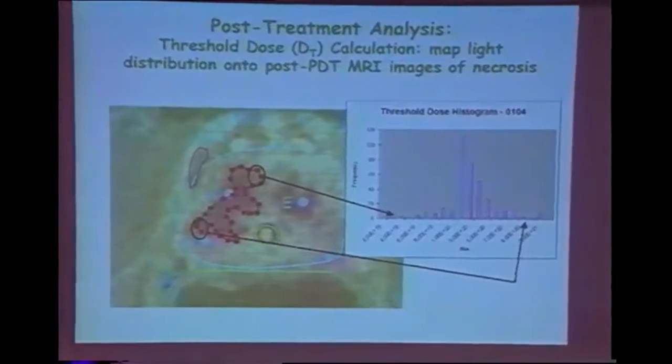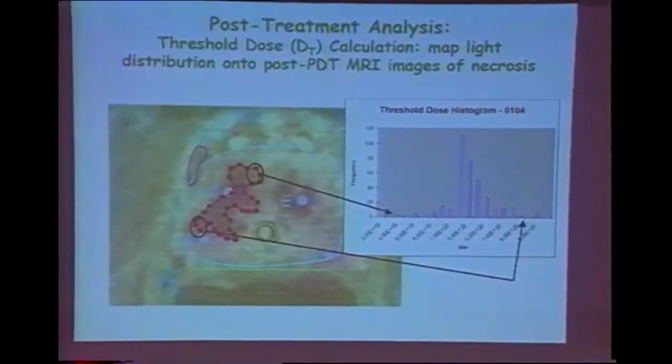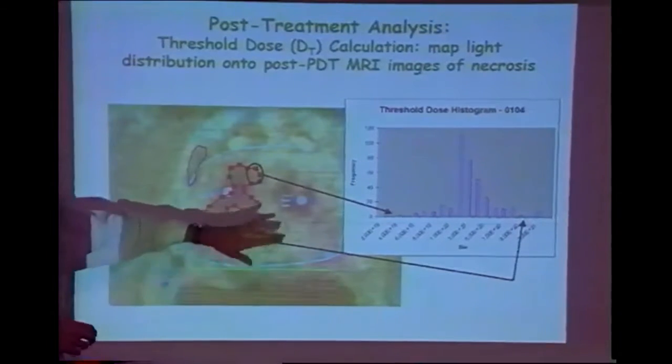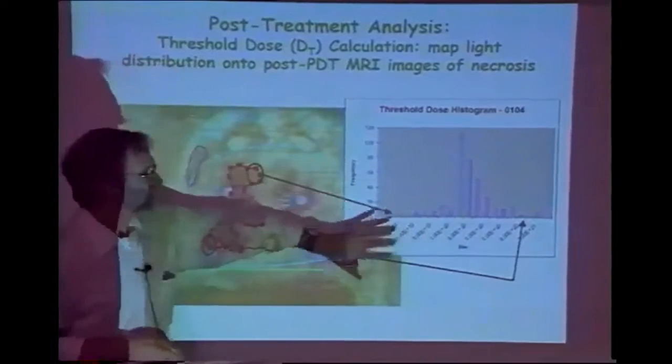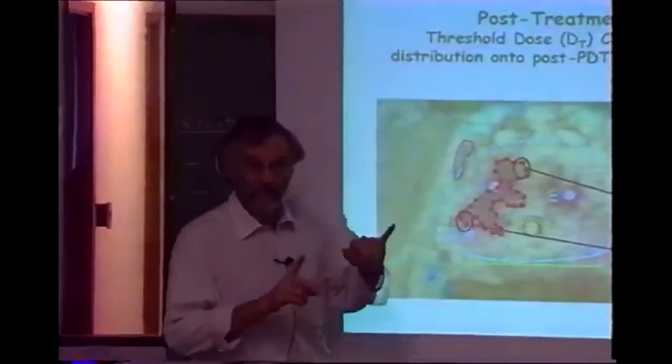So it's a threshold, but it's a threshold histogram that still doesn't have the information about the drug. Locally, that may be a result. This distribution is not the result of the light, because we know that, that's measured.